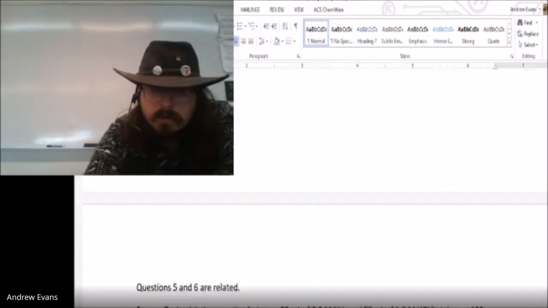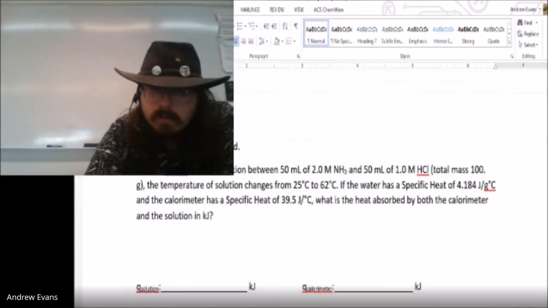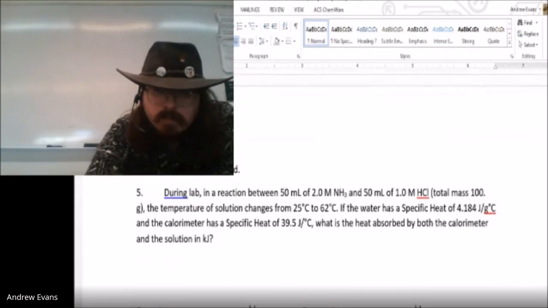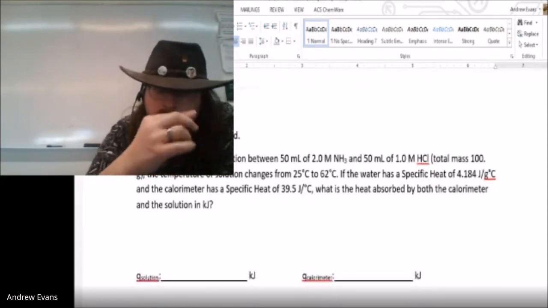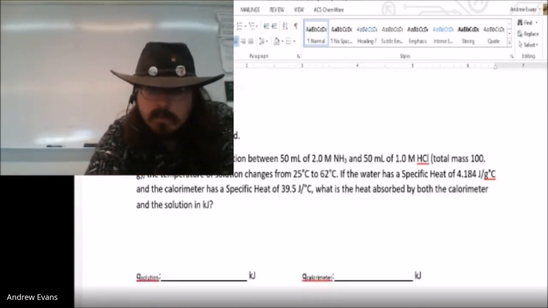Continuing on. Calorimeter problem. I'll go ahead and include this one because it helps remind us of how to do Q equals MCΔT.